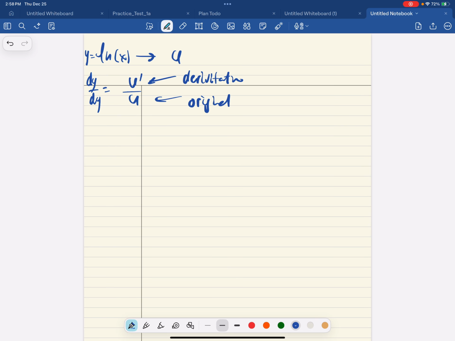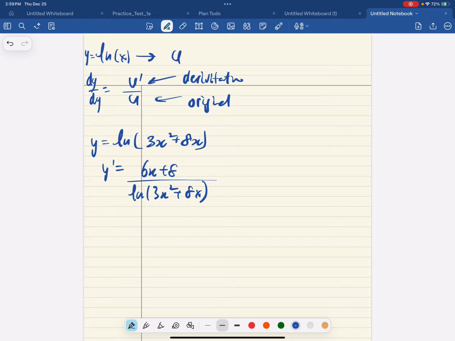So let's say ln of 3x squared plus 8x. Then y prime will be 6x plus 8 over the original function, 3x squared plus 8x.